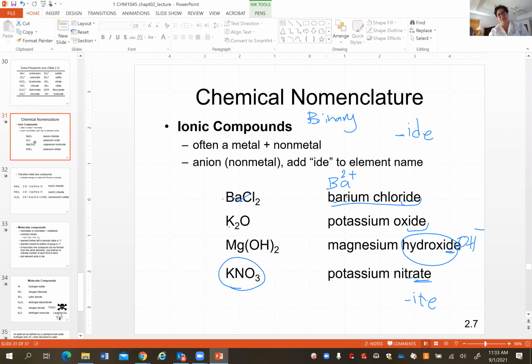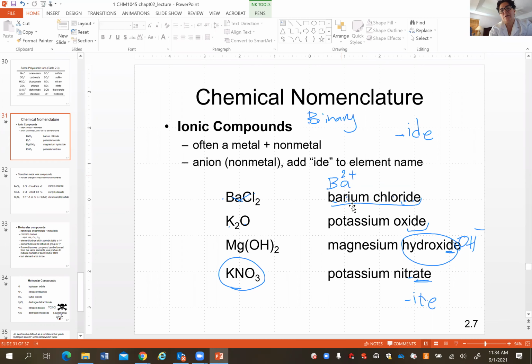Dealing with reactions, first you have to be able to write the formula in order to name it, and if you have the name, you should be able to write the chemical formula. So I'm teaching you the steps, walking you through step by step how you need to come up with the formula.